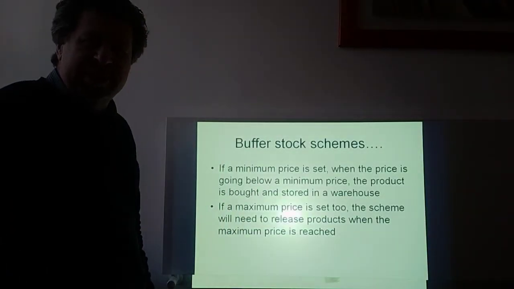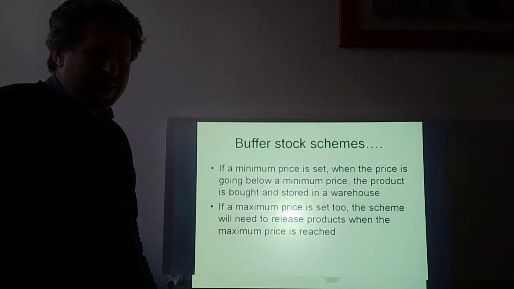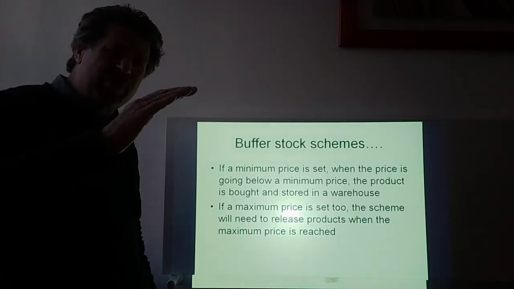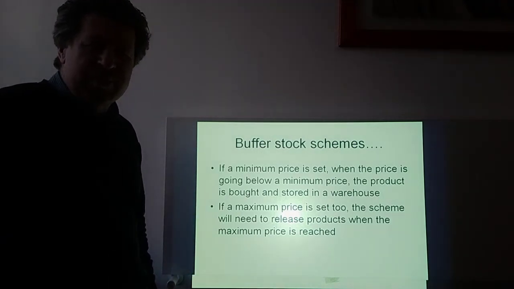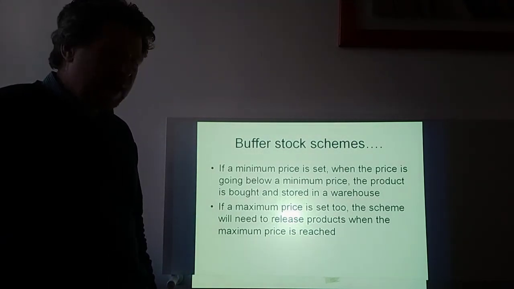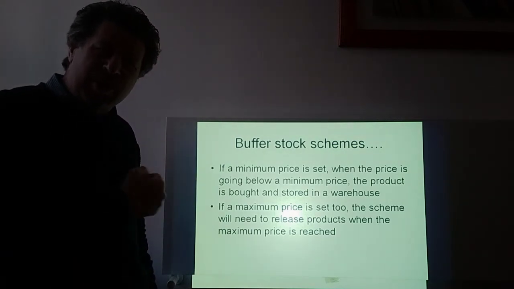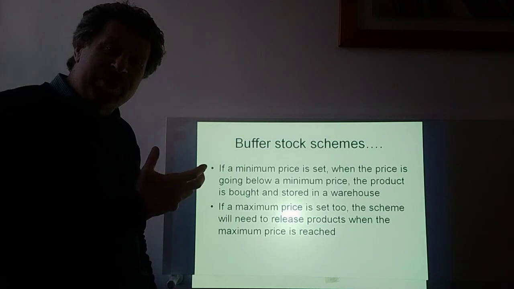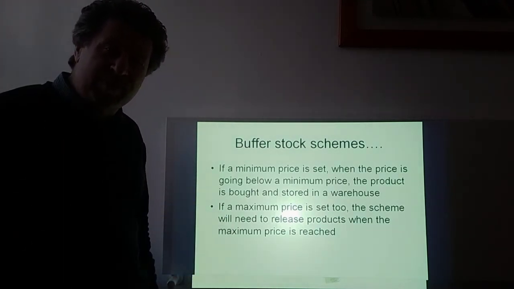Buffer stock scheme. This was used by the European Union in agriculture, where to maintain a stable price, if prices go up and down so much, they fluctuate so much, they can, when the prices go up, buy the produce and put it in a warehouse, and then when the prices go down, release this produce.